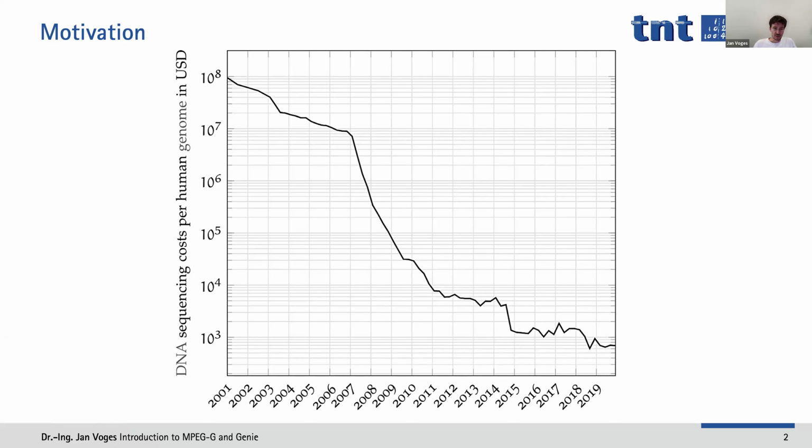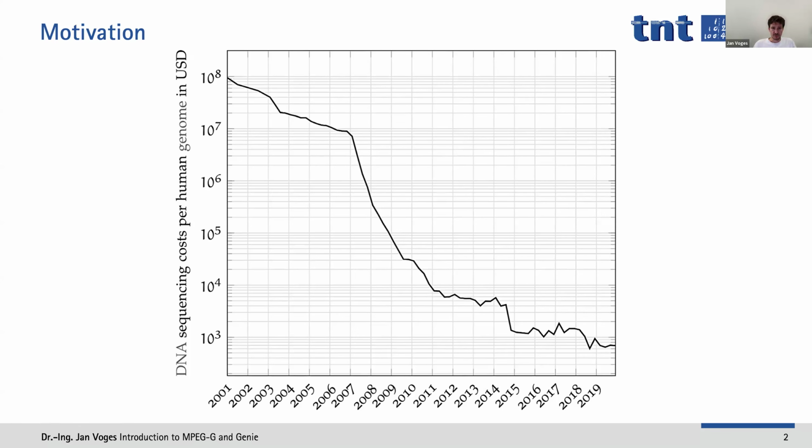What this led to is an inflation of the DNA sequencing data that is being generated, stored and transmitted. To give you some ballpark numbers, a typical clinical study involving, let's say, a few hundred or 1,000 patients already requires a storage infrastructure with multiple petabytes of storage.